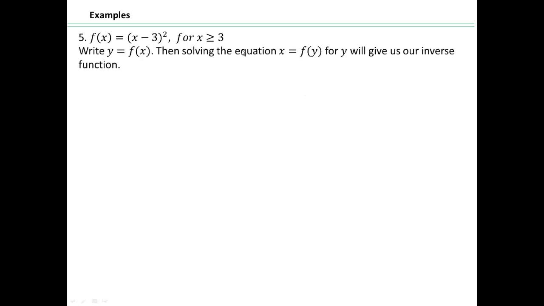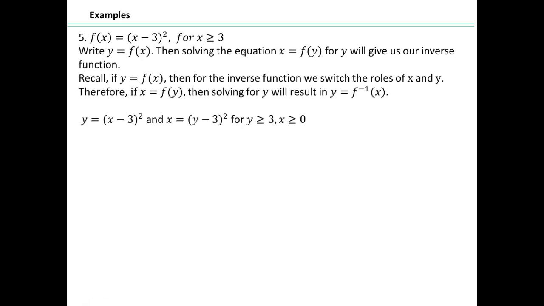So let's see what we got. We have x equals y minus 3 squared, and we are only looking at y greater than or equal to 3, which means that x is going to be 0 and higher. So can I take a square root?